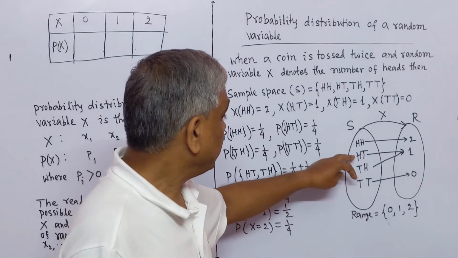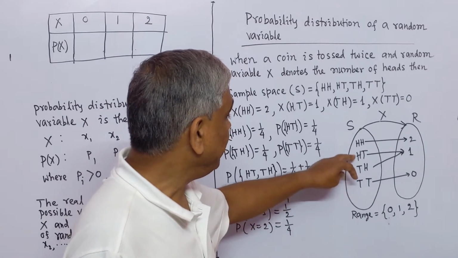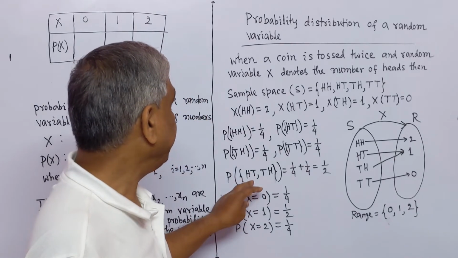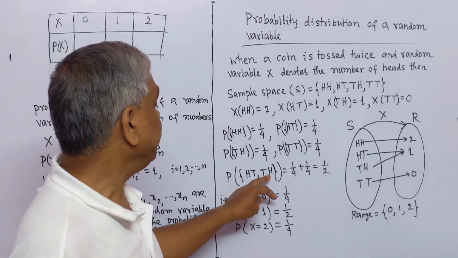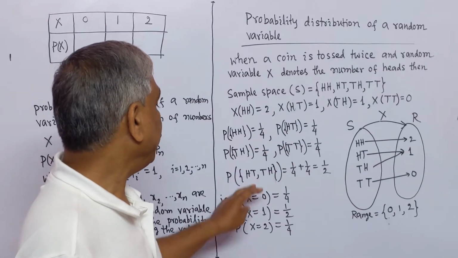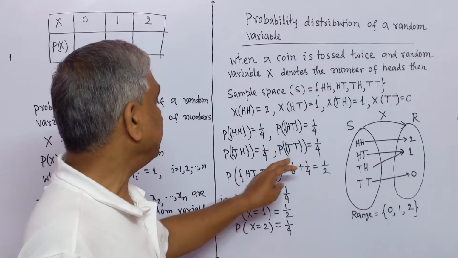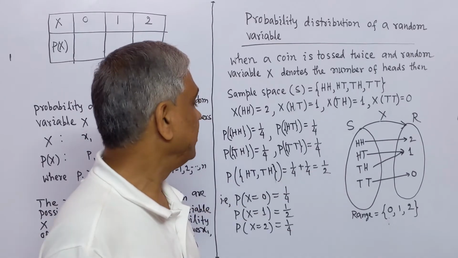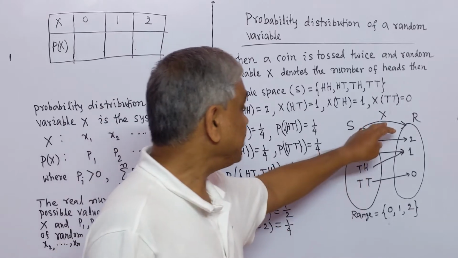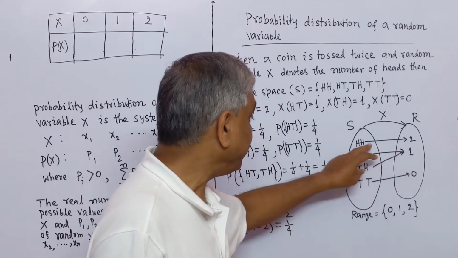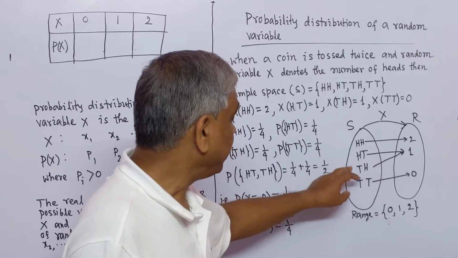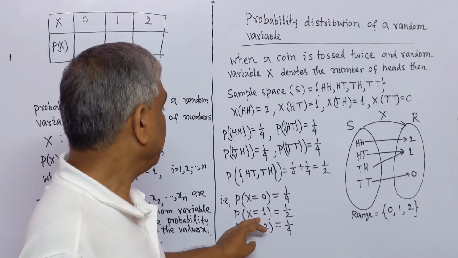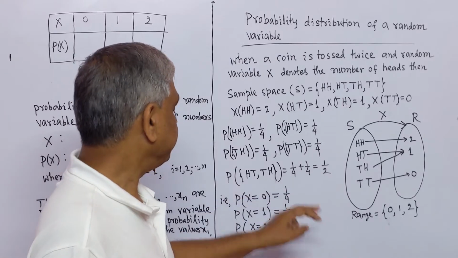That means we have to find the probability of the event containing HT and TH. Probability of HT is 1 by 4, probability of TH is 1 by 4, 1 by 4 plus 1 by 4 equals half. So when X equals 1, the probability of the event containing HT and TH is half.